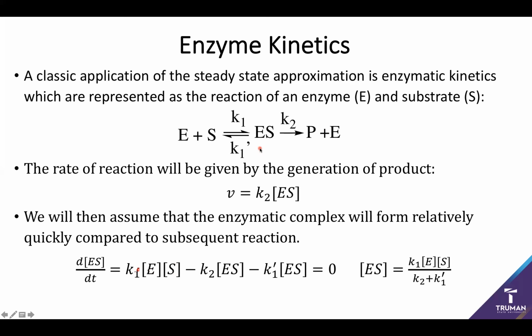However, this enzymatic complex can decompose in two ways, either the forward reaction, which we're hoping for, or the reverse reaction, which can still proceed fairly readily with a rate constant of K1 prime.